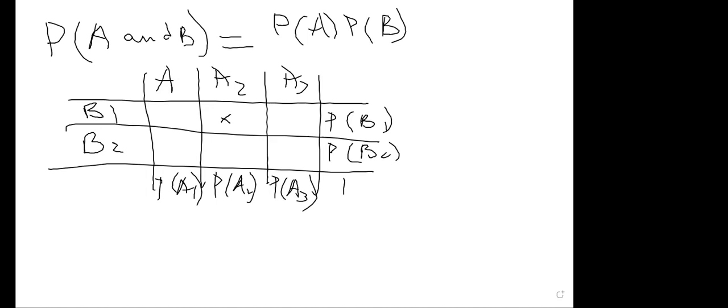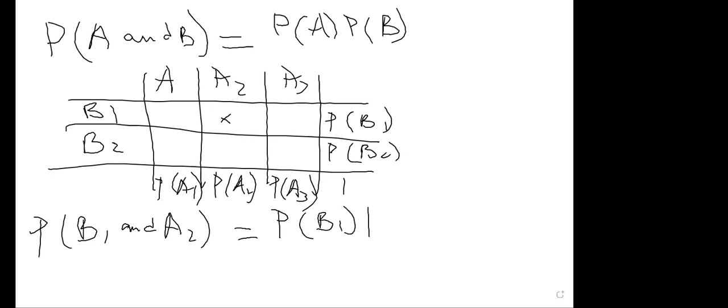So here, for example, is probability of B1 and A2, the cell I just marked. So that probability should be equal to probability of B1 times probability of A2 in case of independence.